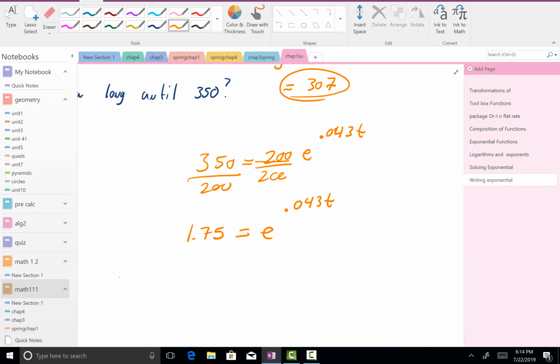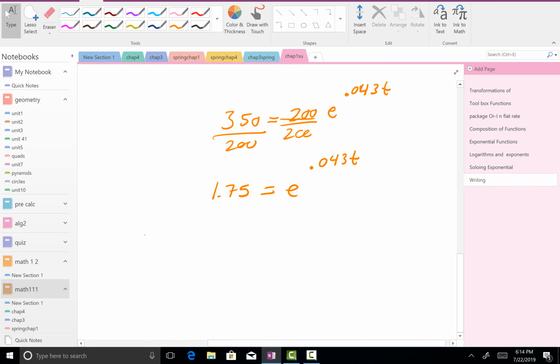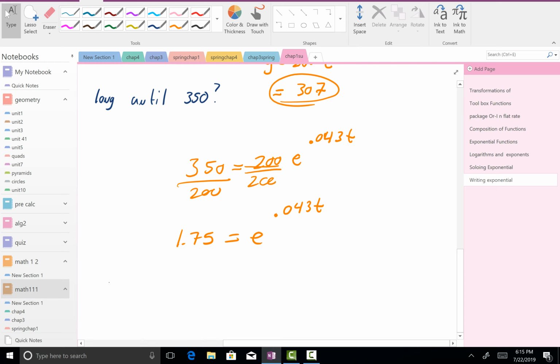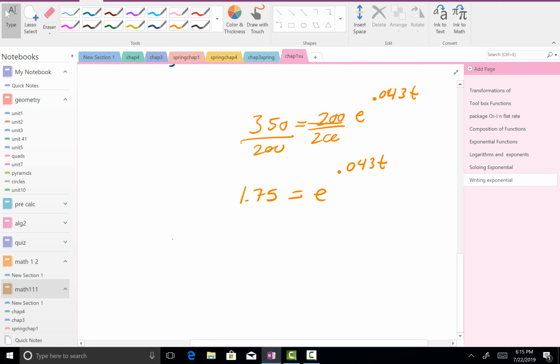Are you going to use a definition, or are we going to log both sides because we've got a t in the power or the exponent? So that's our strategy. All right. So what do you want to do? You want to log both sides or use a definition? Somebody pick their strategy. Logging would be easier, okay? If we're going to log this, since it's an e, we're going to better use that natural log. It's going to turn out to be nice for us if we do.